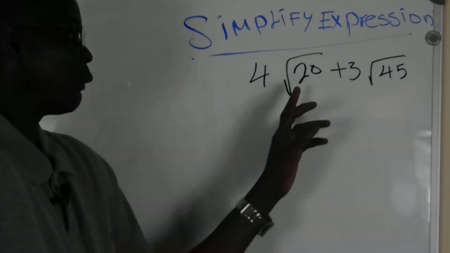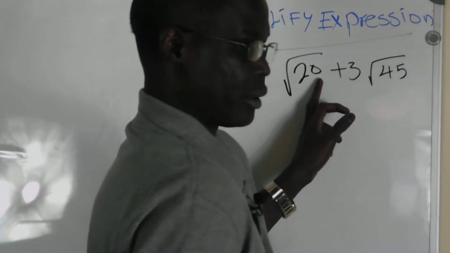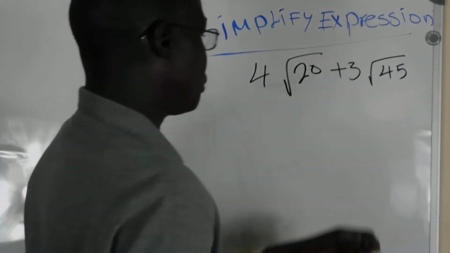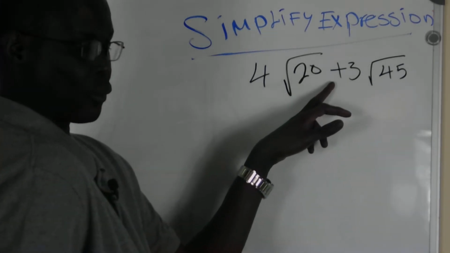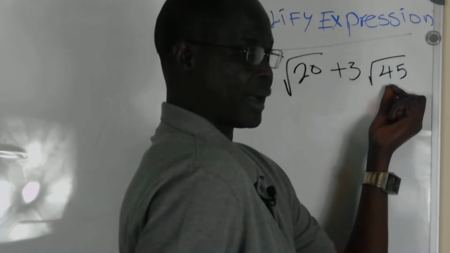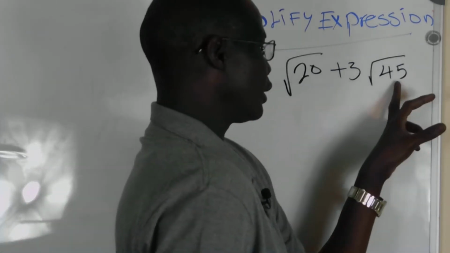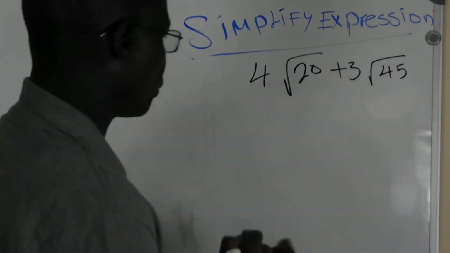What number times what number gives you 20? It's simple, it should be 5 times 4. And what number times what gives 45? It should be 5 times 9. That's exactly what we're trying to do.